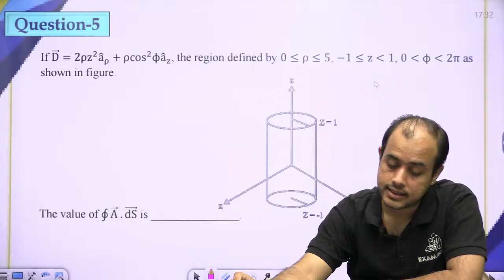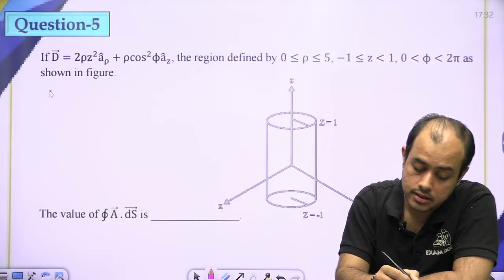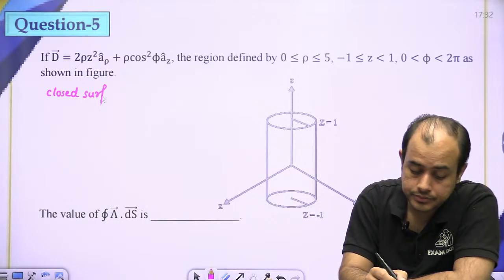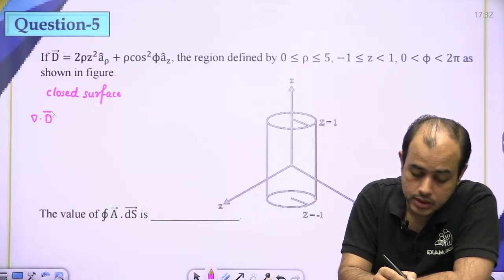Now the vector is given, a region is given. I need the surface integration. Now the cylinder is a closed surface, so I will apply the divergence theorem.